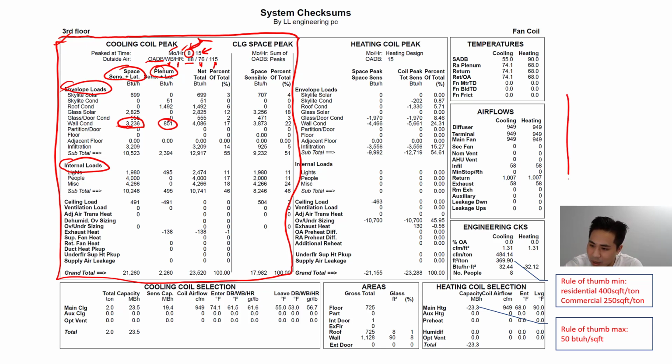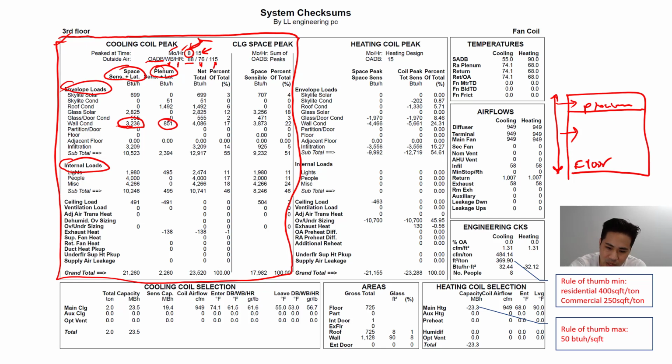If you remember, if this is the floor, this will be the plenum. So if this whole section is the wall, a certain portion of that heat would be in the plenum and a certain portion would be in the floor. So you see a breakdown of that for the wall conduction.